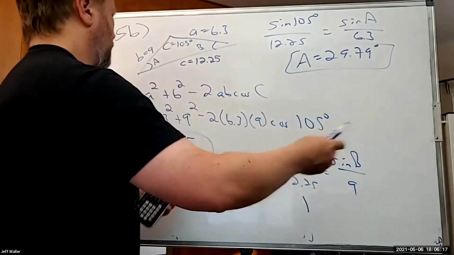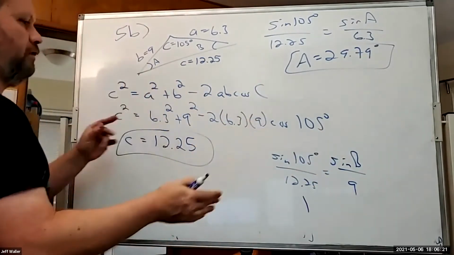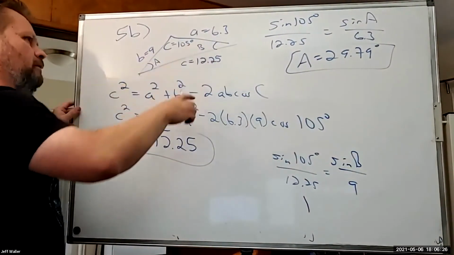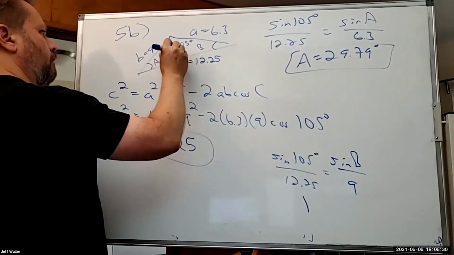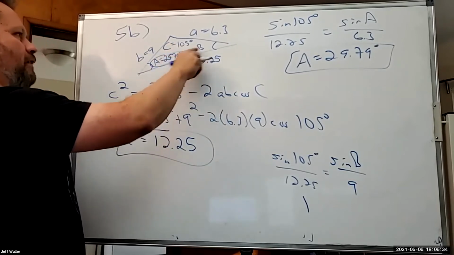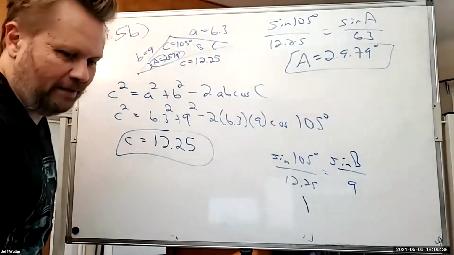Or why am I doing that? You guys should really be saying, what are you doing? Well, this is a nice little check. What's the smarter way to get angle B? Just simple subtraction. Just figure out how much is left over. But if you do all that, you'll get the right answer also.